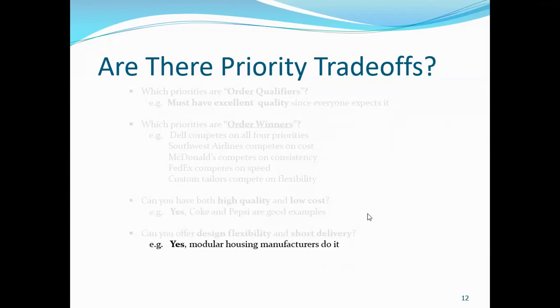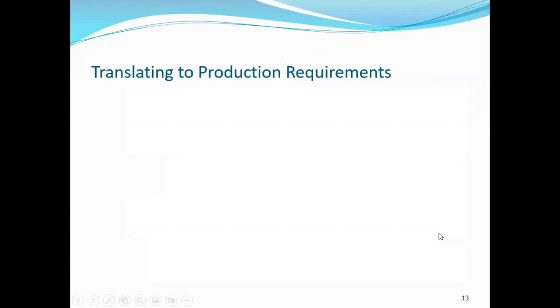They make things in different batches with different combinations, so you can achieve design flexibility, right? So these are the 4 competitive priorities that we usually look at in operations management.